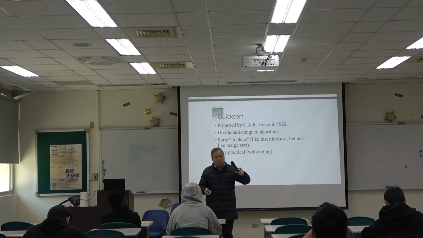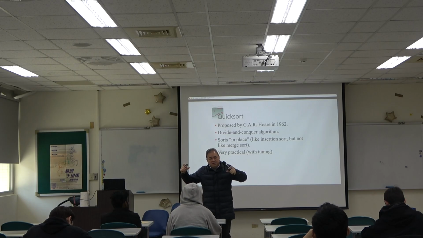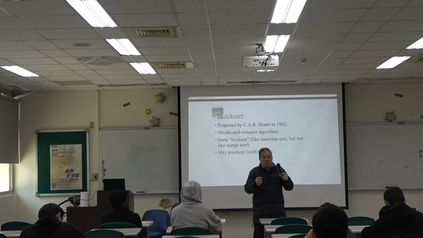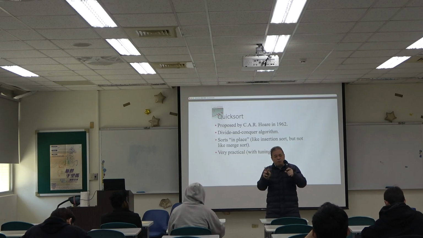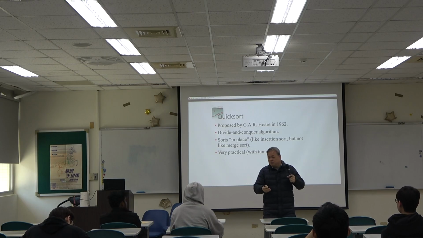If you only need a constant amount of extra space, and the majority of the time you keep these numbers in the original storage space, in the original array, we call that in place. For example, in the insertion sort, sometimes you need to do some swaps, but most of the time you keep all these numbers in the array. So that's what we call in place.